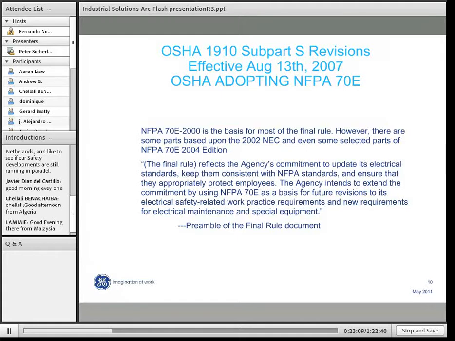Now, as things go, the latest edition of the standard is 2009, and OSHA and other government agencies usually take a while to evaluate a standard, so they're usually at least one edition behind in their official written rules.